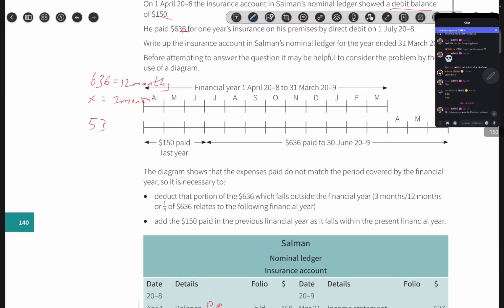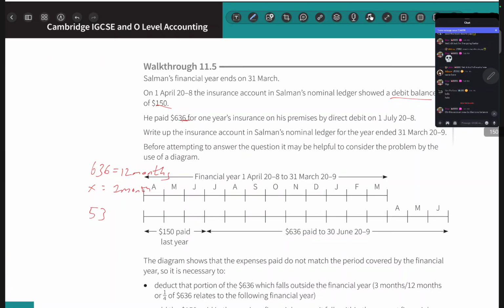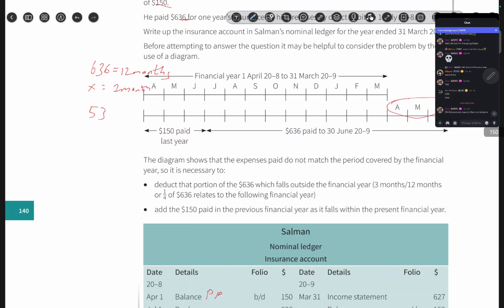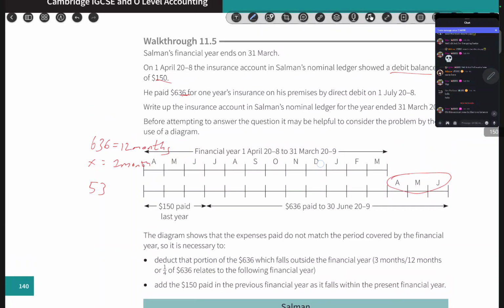And we paid 636 this year. That means that we still have this much in advance. It shows that expenses paid do not match the period covered by the financial year, so it's necessary to deduct. Now, how do we know if it doesn't match, and how do we know what's happening?